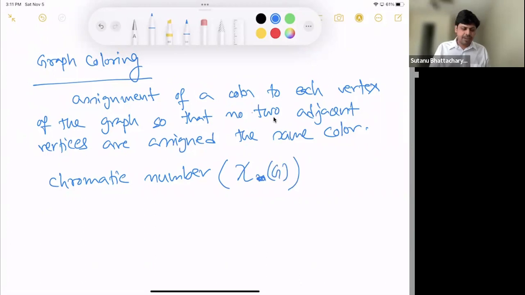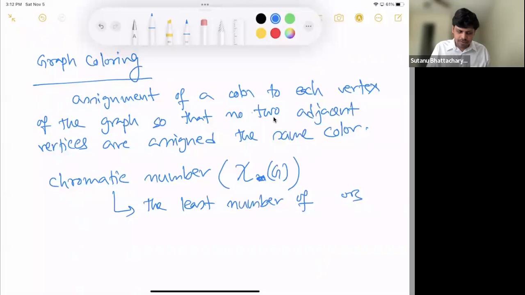So the chromatic number of a graph is the least number of colors needed for a coloring of the graph.